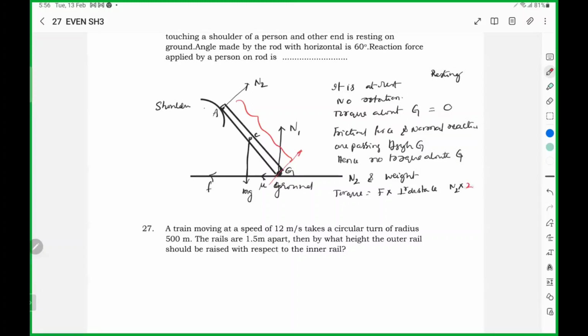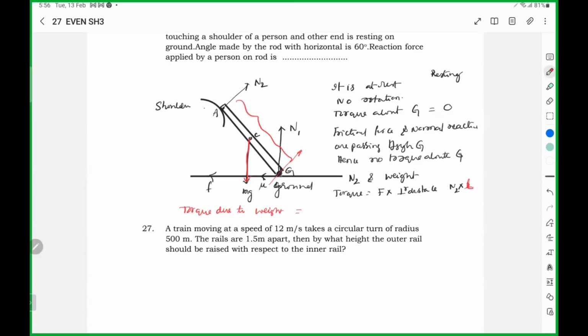That is N2 into L. And the torque due to the weight will be, so this is the force.